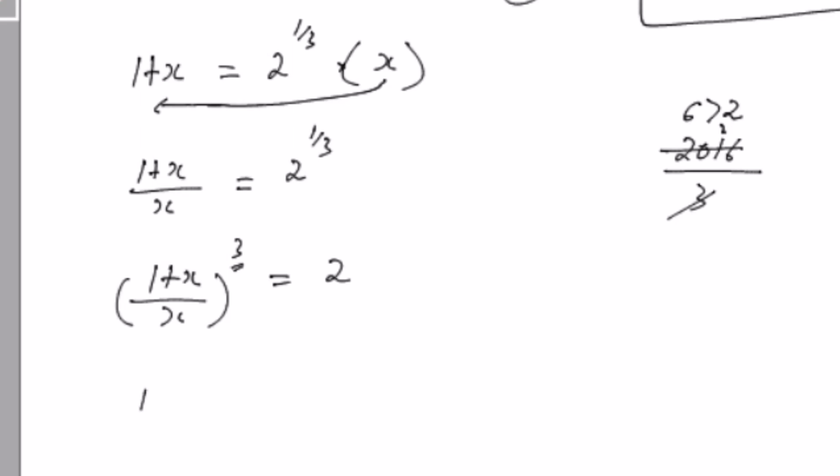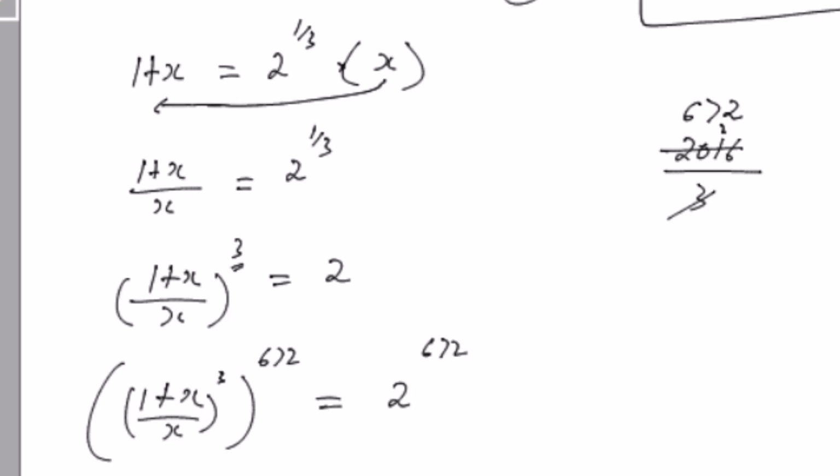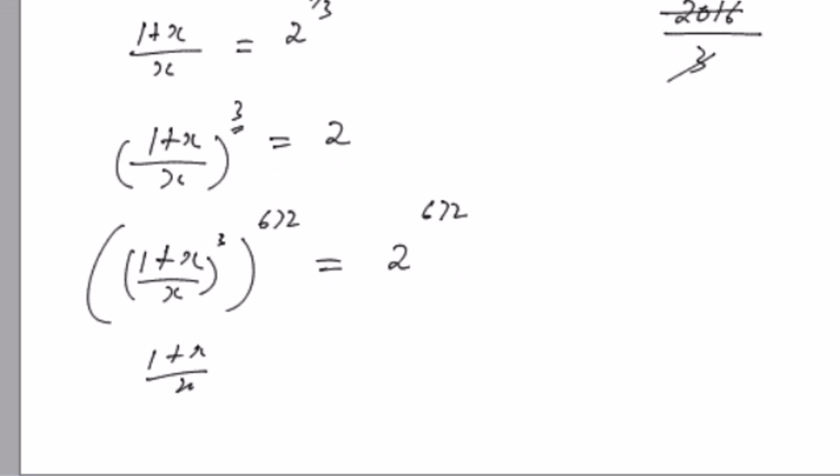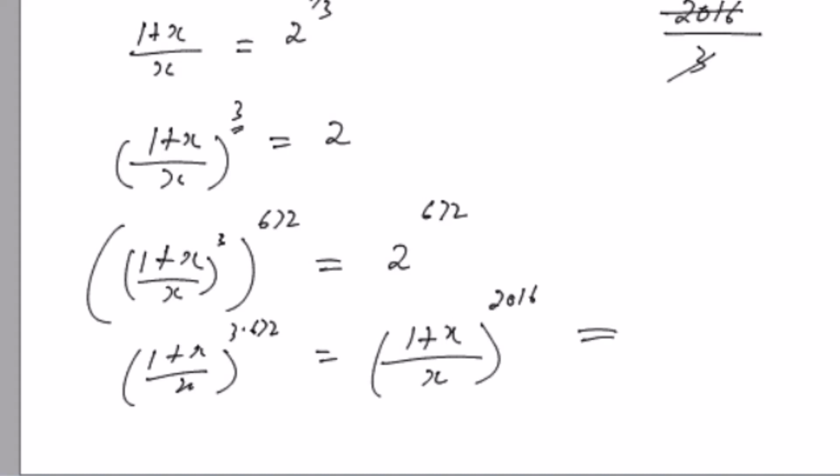So ((1 plus x) divided by x to the power 3) whole power 672 is equal to 2 whole power 672. This is the same as ((1 plus x) divided by x) whole power 3 into 672, which is nothing but 2016. And this is equal to 2 to the power 672.